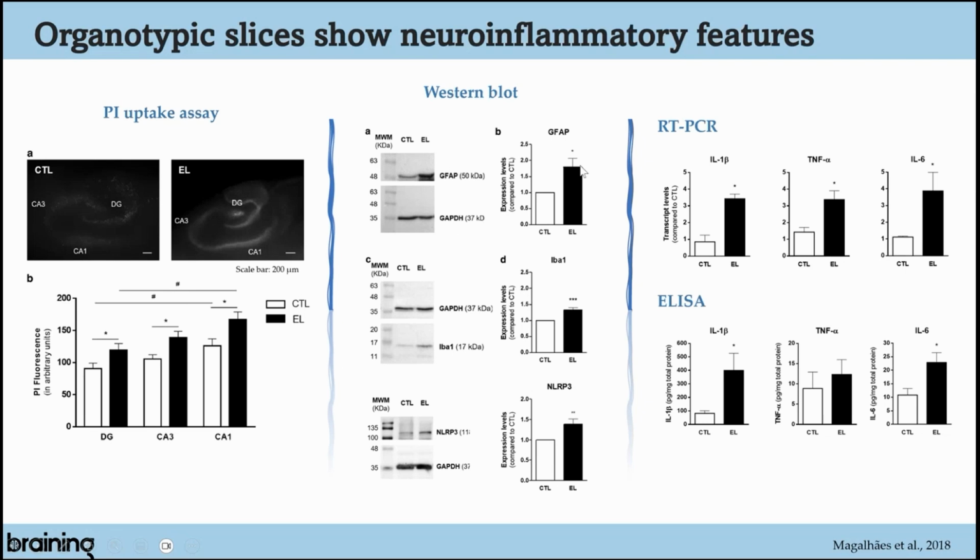We also had an increase in the expression levels of GFAP, IBA1, and the inflammasome component NLRP3, and also, both by PCR and ELISA, an increase in cytokines, in the expression of IL-1 beta, TNF-alpha and IL-6, so all pro-inflammatory cytokines, and also the same results at the protein level. TNF presented only a tendency.